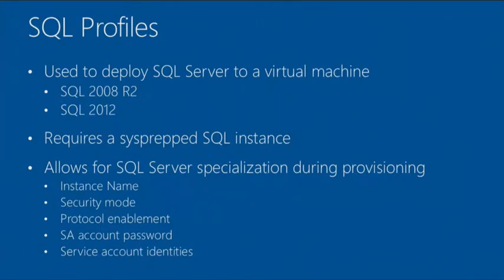And again, with this sysprepped SQL instance, what this allows us to do is at deploy, within the service template, configure the parameters for deployment, the instance name, the security mode, meaning are we going to run Windows or SQL or mixed, turning on protocols, TCP/IP, named pipes, providing our SA account password, service account identity.